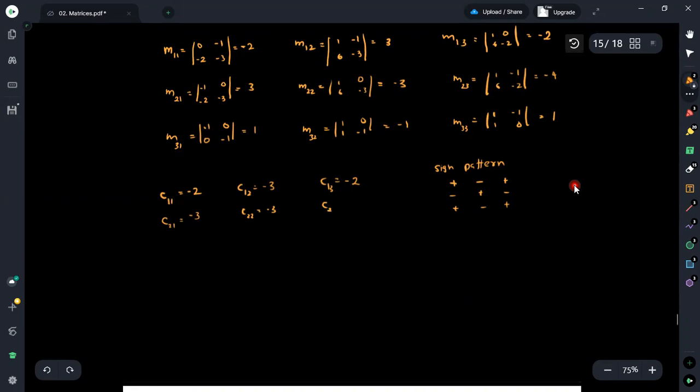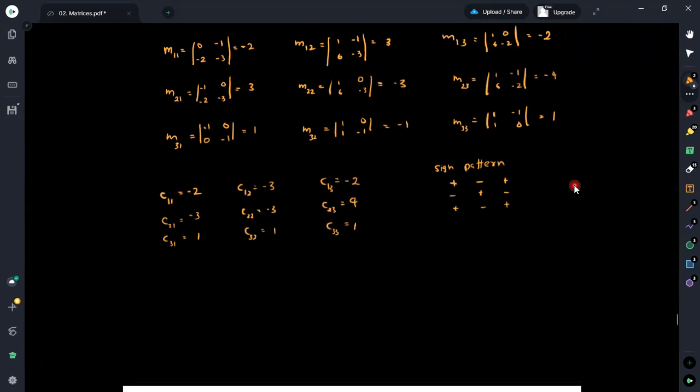Then C23, minus with minus 4, it becomes plus 4. Then C31, plus with plus 1, C32, minus with minus 1, C33, plus with plus 1, which gives the value as 1. Therefore, these are the cofactors we are getting.